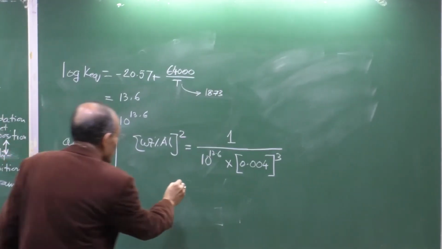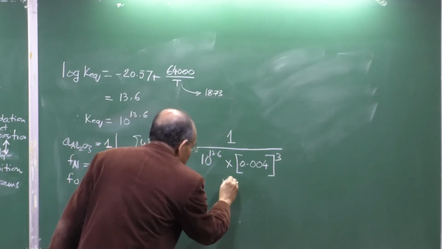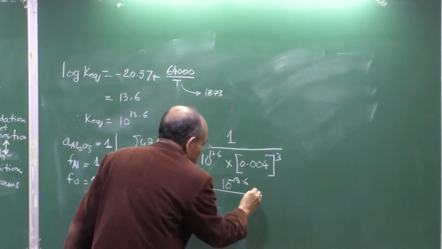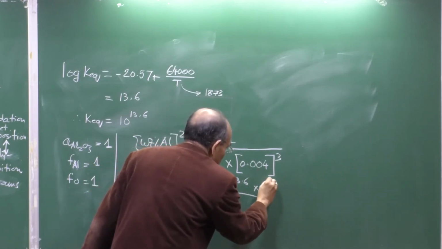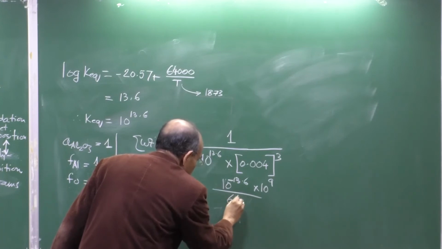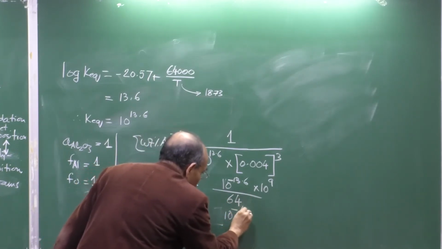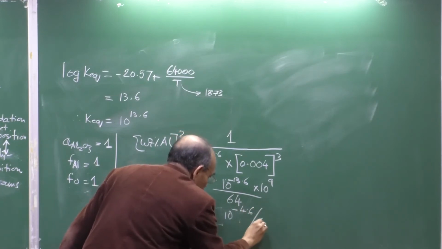If you now do these calculations, 10 to the power minus 13.6, multiplied by 10 to the power 9, divided by 64, comes out to be 10 to the power minus 4.6 by 64.